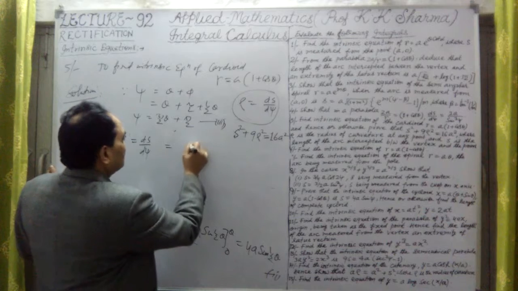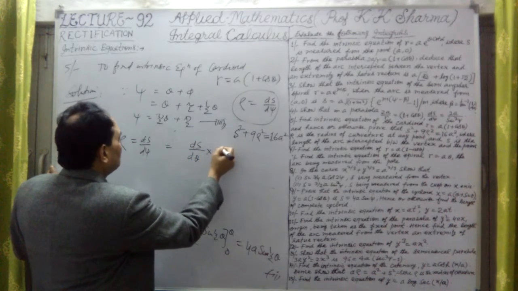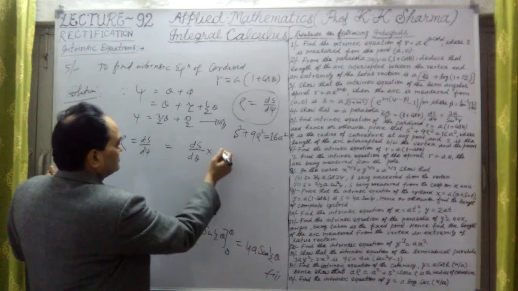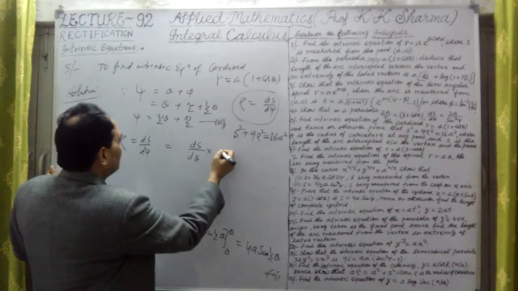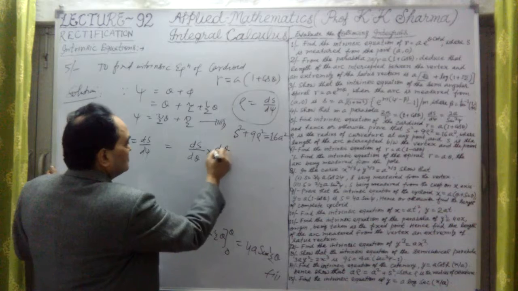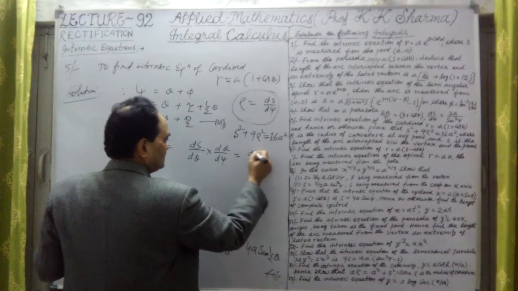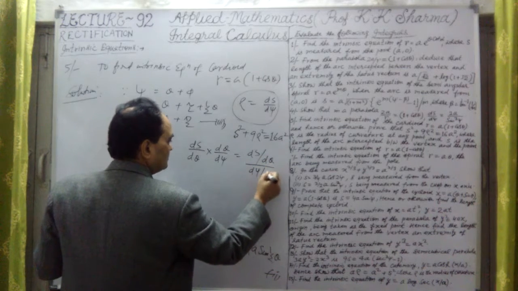Since rho is ds upon d psi, we can write it as ds upon d theta into d theta upon d psi, or ds upon d theta divided by d psi upon d theta.